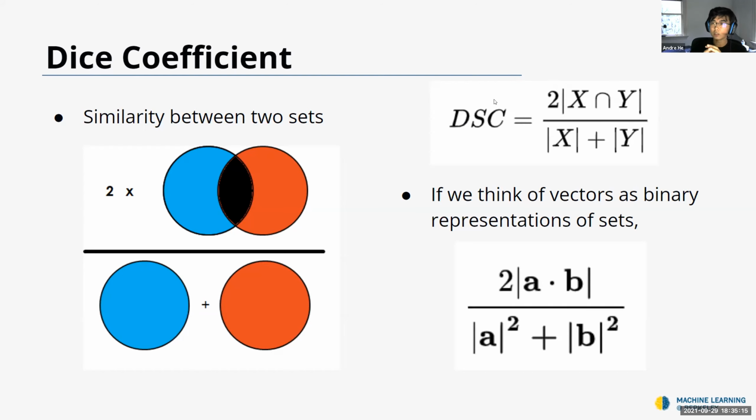And you can imagine the less they intersect, the smaller this dice coefficient would be. You can also interpret this as a similarity measure between vectors, because you can think of vectors as binary representations of sets. Let's say in the original example, you have two sets of 10 items and you want to compare how much they intersect.